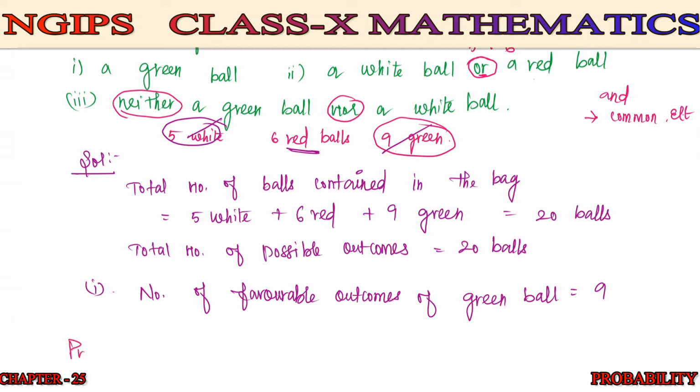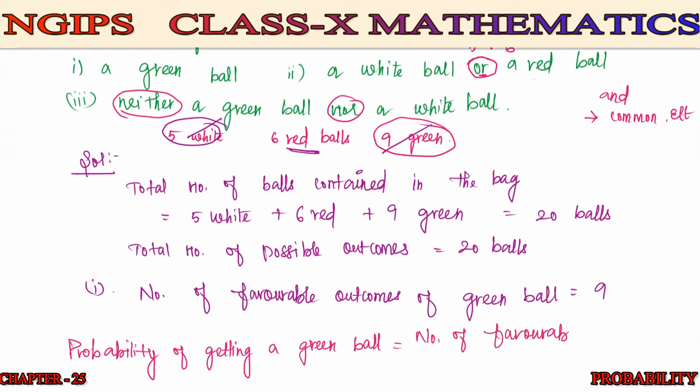Probability of getting a green ball is equal to the number of favorable outcomes divided by the total number of possible outcomes.